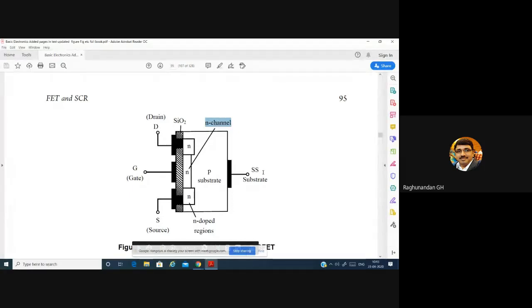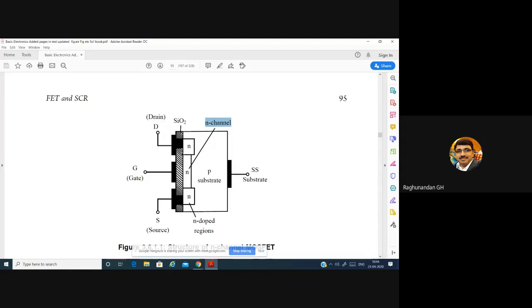The name is given mainly on the basis of the channel. So N channel MOSFET. It is the channel which is connecting the two, the source and the drain. So since it is an N channel, it is known as N channel MOSFET.